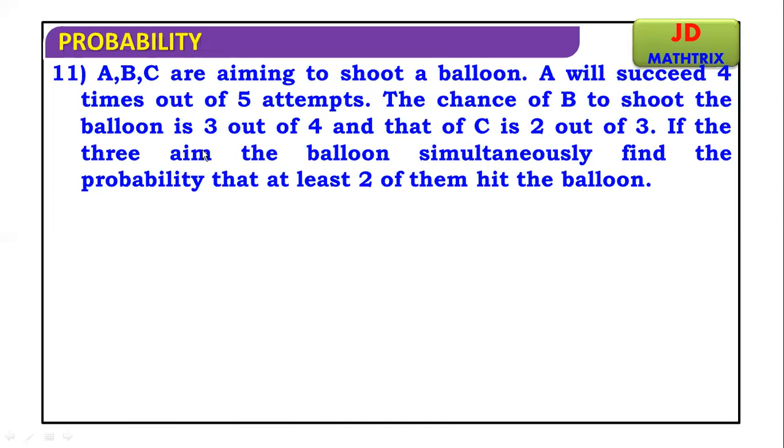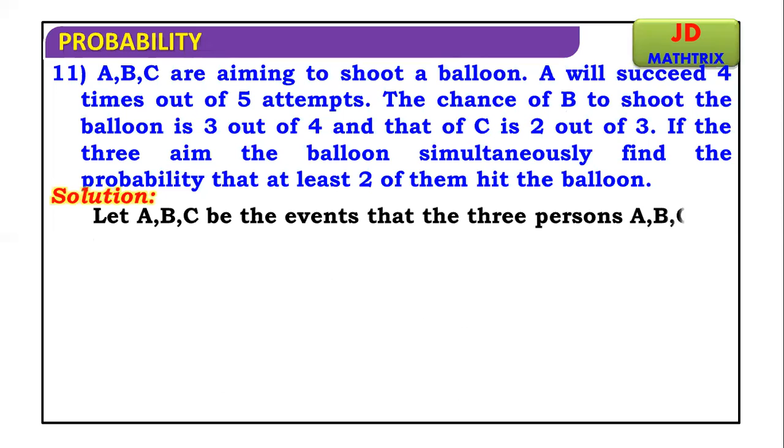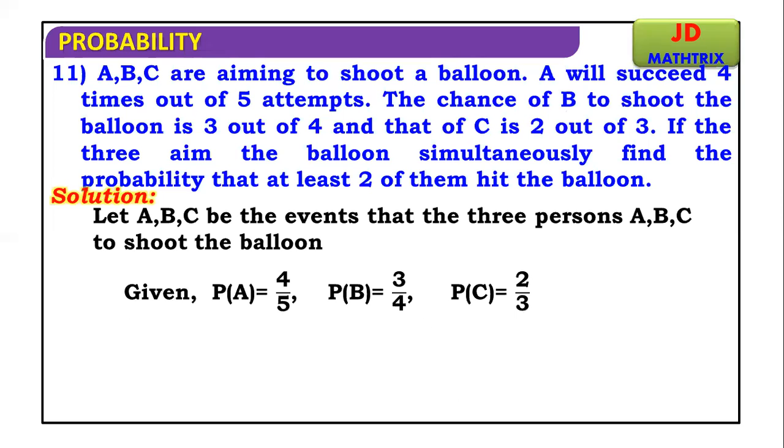Similarly, for B the probability of success is 3 out of 4, meaning 3/4. Probability of success of C, that is 2 out of 3, means 2/3. Now let us define the events first. Let A, B, C be the events that 3 persons A, B, C shoot the balloon. Given P of A equal to 4/5, P of B equal to 3/4, P of C equal to 2/3.